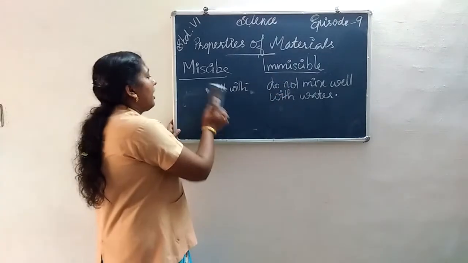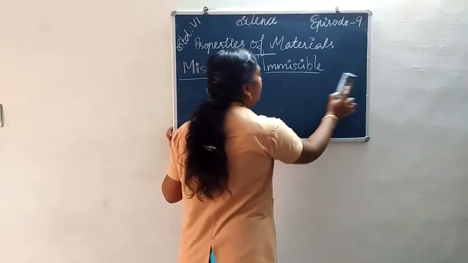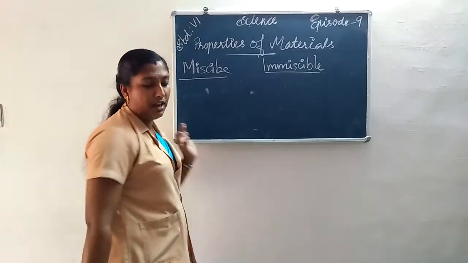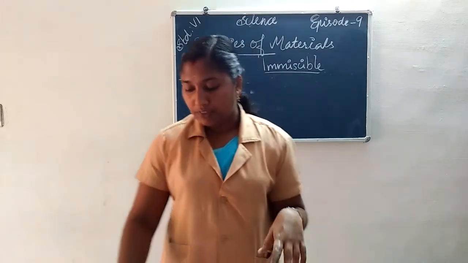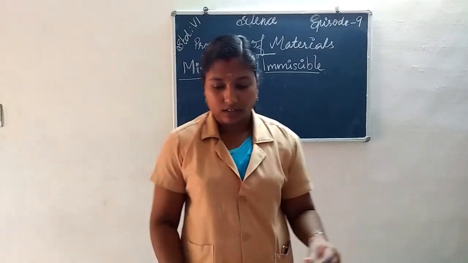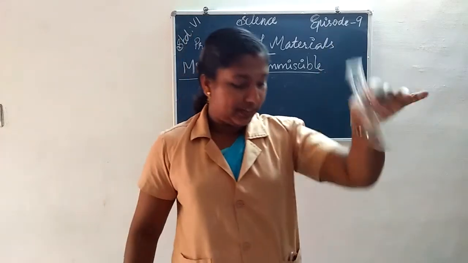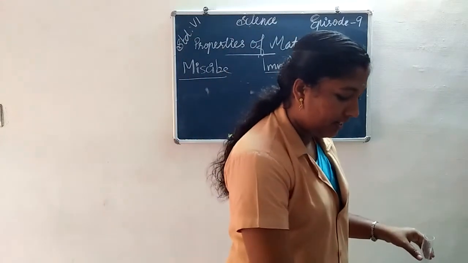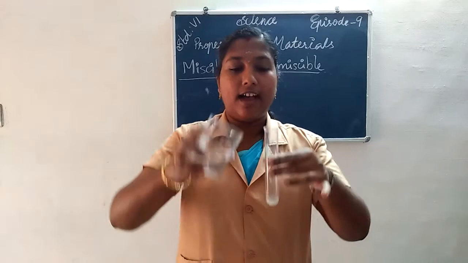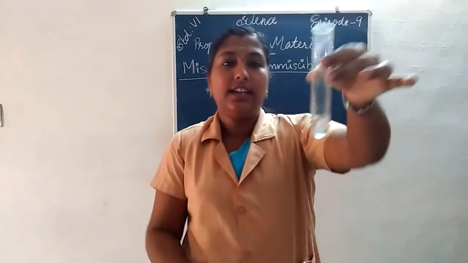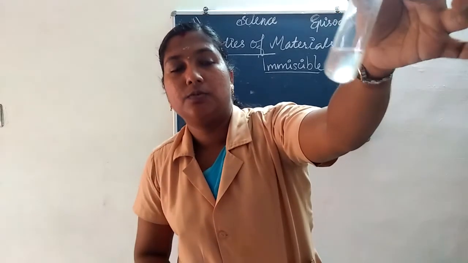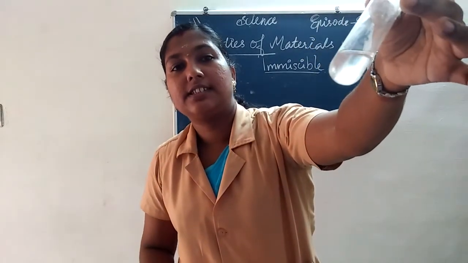So, I will show you some examples of miscible or immiscible liquids. Here I take a test tube. Then I add some water into the test tube. Can you see that? Yes.